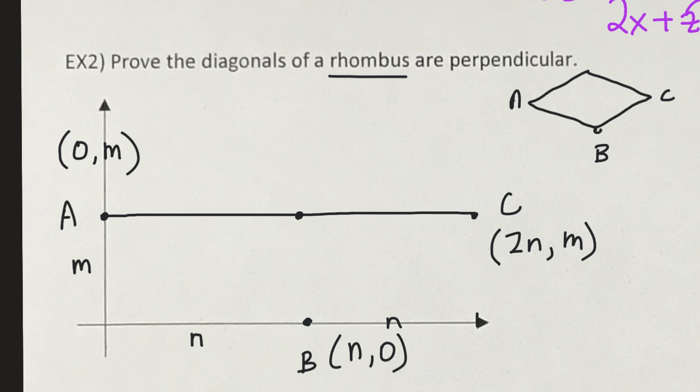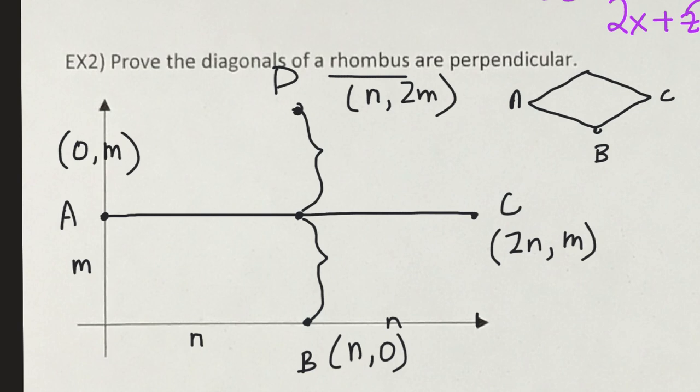Similarly for the last point, this distance has to be the same as that distance. So what are the coordinates of point D? 1n and 2m's. That point should be twice as high as your middle.